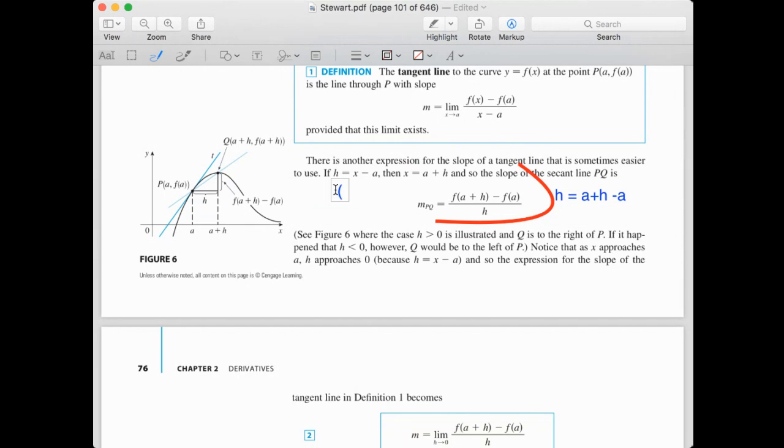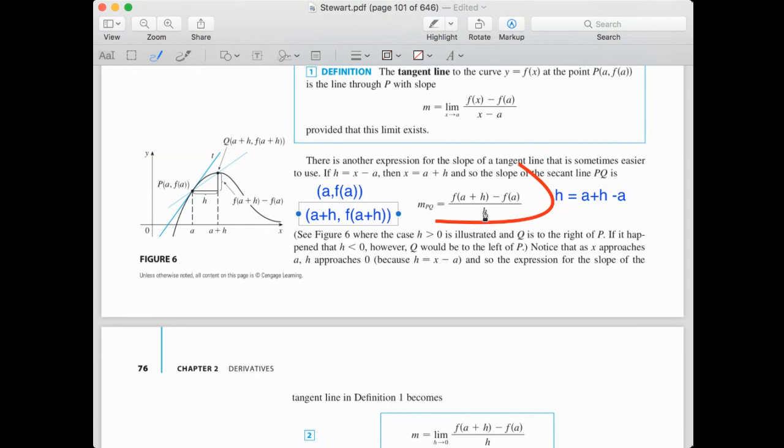We have one point, a, f of a. Okay, we have another point, a plus h, f of a plus h. The two points in this formula.